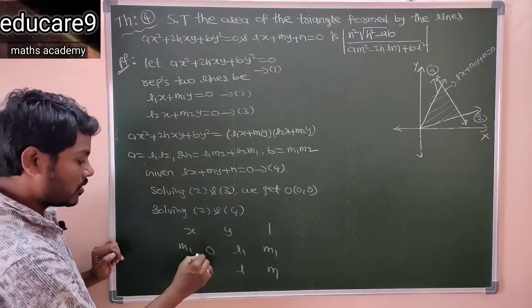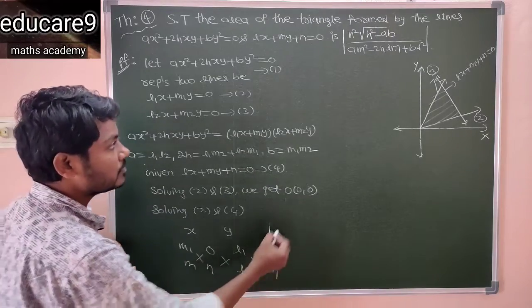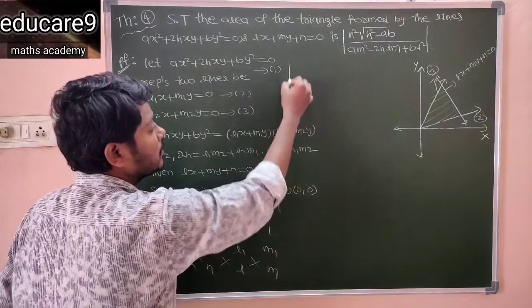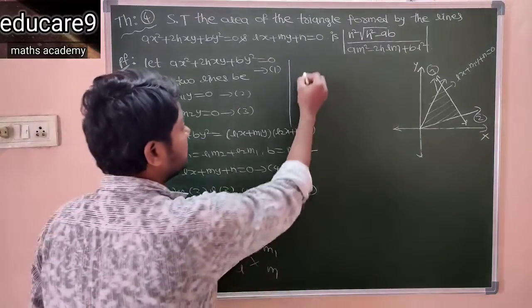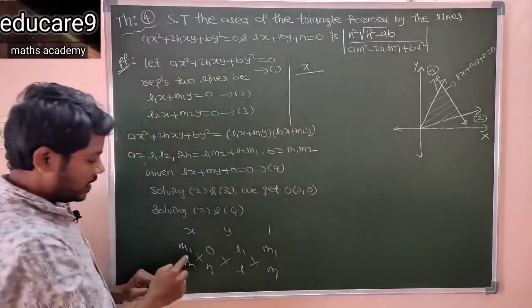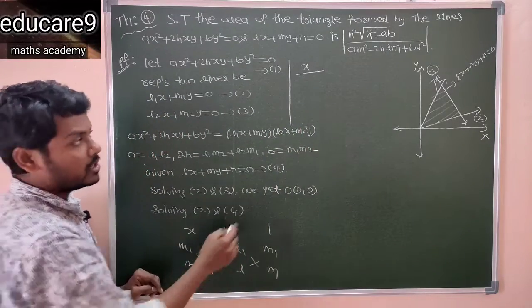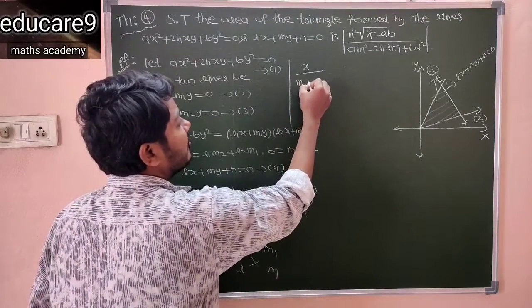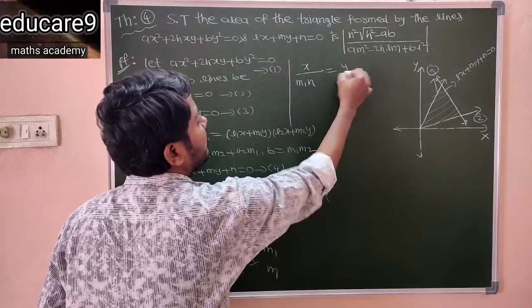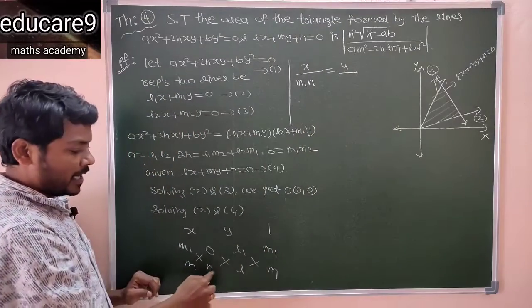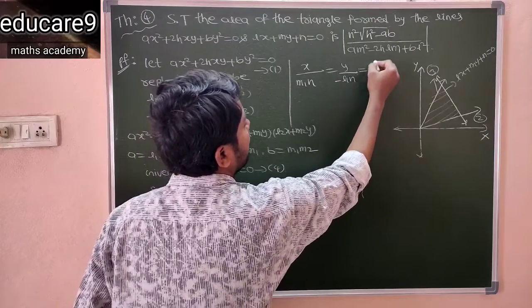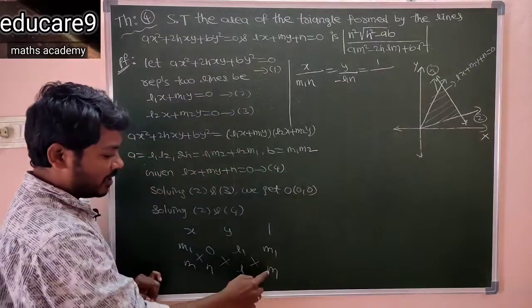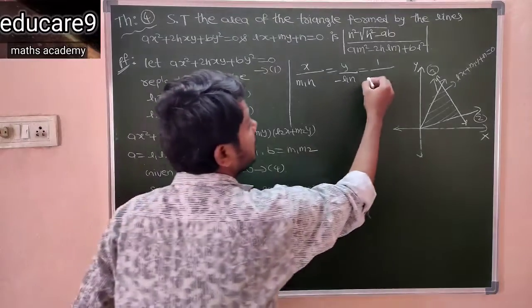Okay, the cross multiplication here. So clearly, what is the x value? x by m1n minus 0, that is m1n, and y by 0 minus l1n, that is minus l1n, and constant by l1m minus lm1.